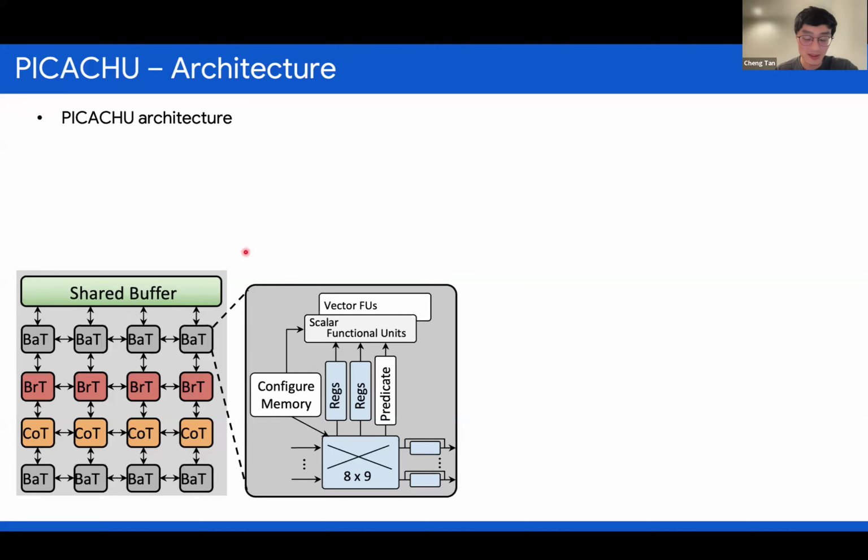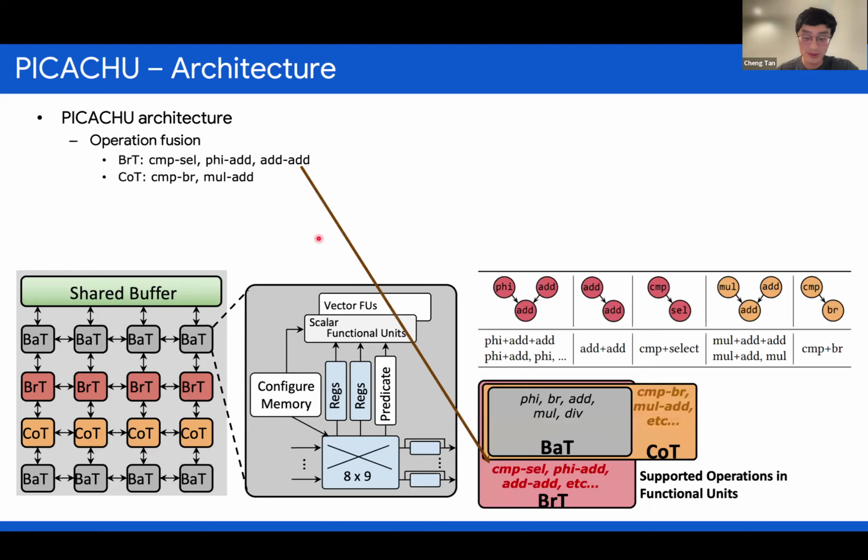Based on the findings we just mentioned, the CGRA in Pikachu is a hybrid design. Some operations commonly appear in all the nonlinear operations, so we form our functional unit to support the most common fused operations, like addition followed by addition, compare followed by selection, MAC operation, and so on.